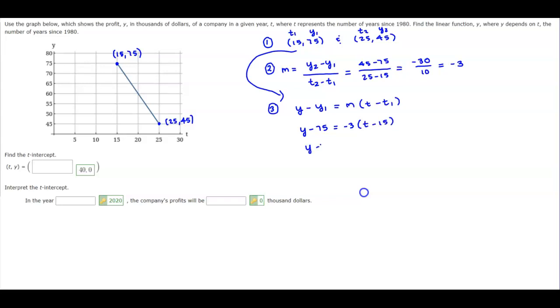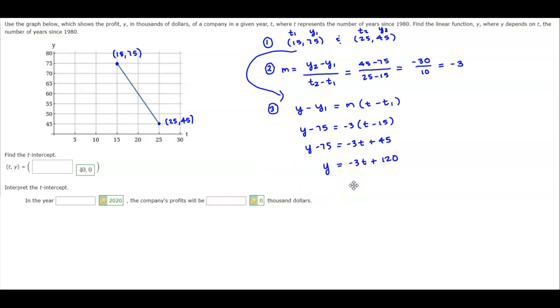If we distribute the negative 3, we get negative 3t plus 45. If we add 75 to both sides, then we get negative 3t plus 120.